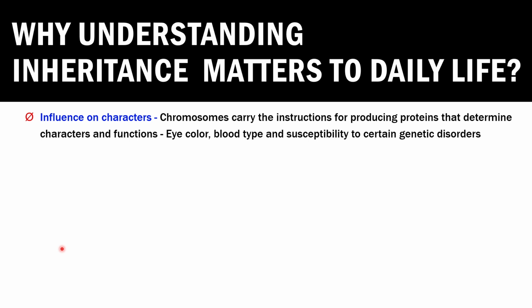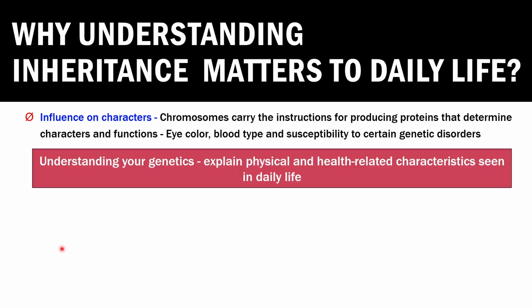So why is it important to understand inheritance? Why does it matter so much? Because it influences characters. The chromosomes carry information for producing proteins that determine characters like eye color, blood type, and susceptibility to different diseases. So by understanding genetics, we can explain the physical and health related characteristics in your daily life.